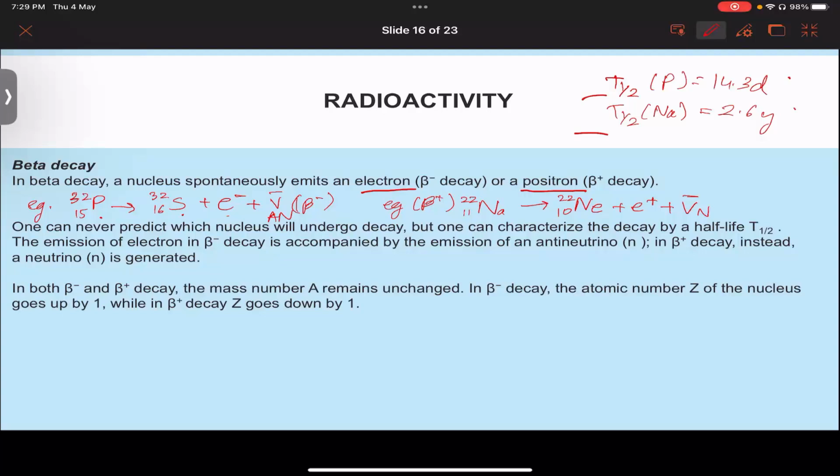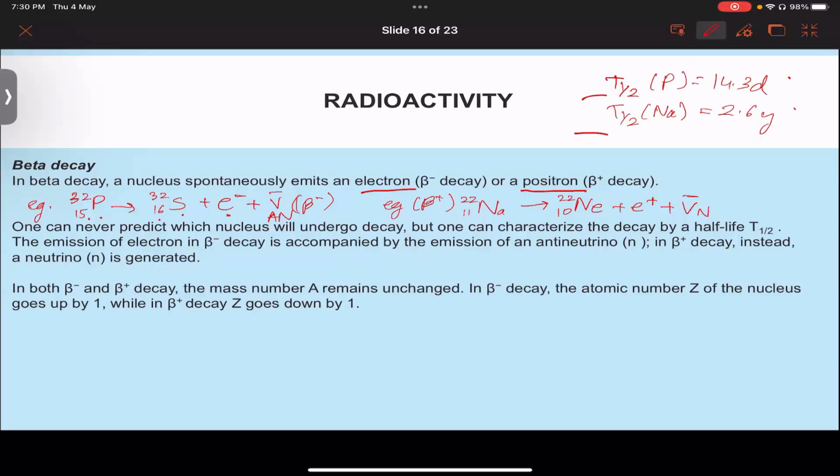So in general terms, you can see over here that with the electron being emitted, your atomic number is actually increasing by 1, because if one electron is given out, that means the number of protons is more. We know that the number of protons and electrons are the same in an atom, but if an electron goes out, then what you're left with is an excess of protons.